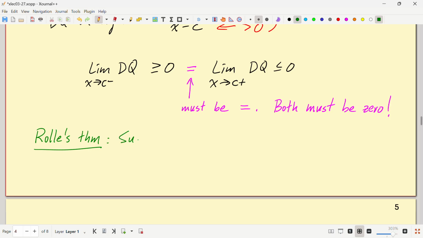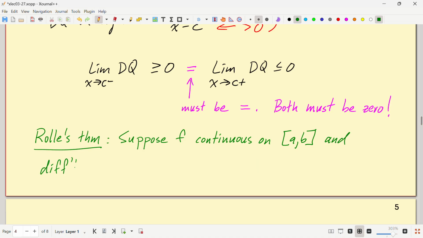Let's suppose f is continuous on a closed interval and differentiable inside, and suppose it's 0 on the endpoints. f of a equals f of b equals 0.